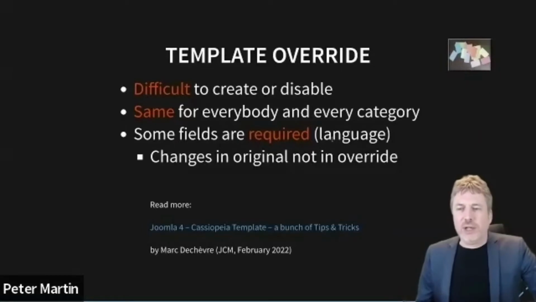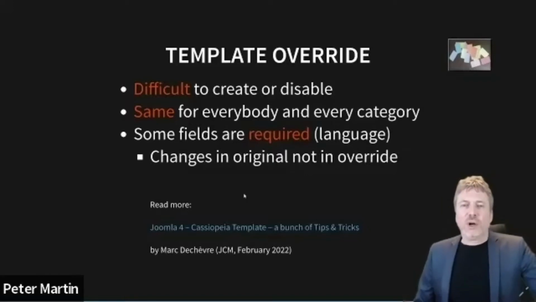You cannot disable it. I mean, you have to tell them it's an asterisk if it's for all languages. And also, when Joomla updates the Autumn template, the changes won't be in the override. That's something you have to consider.